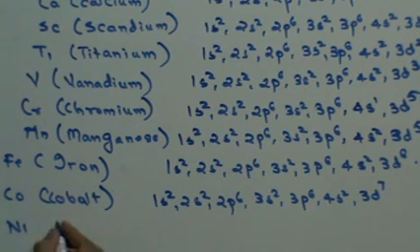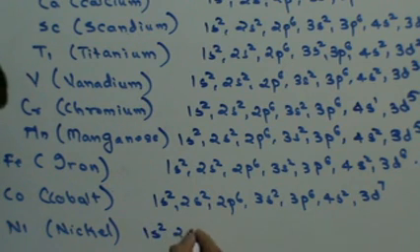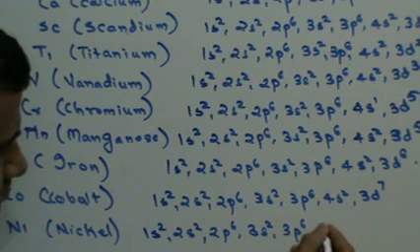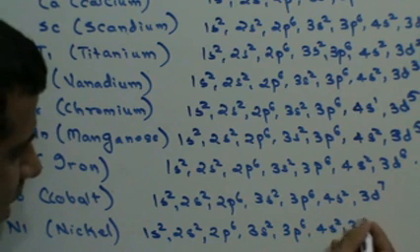Nickel. Write the electronic configuration of nickel. 1s2, 2s2, 2p6, 3s2, 3p6, 4s2, 3d8.